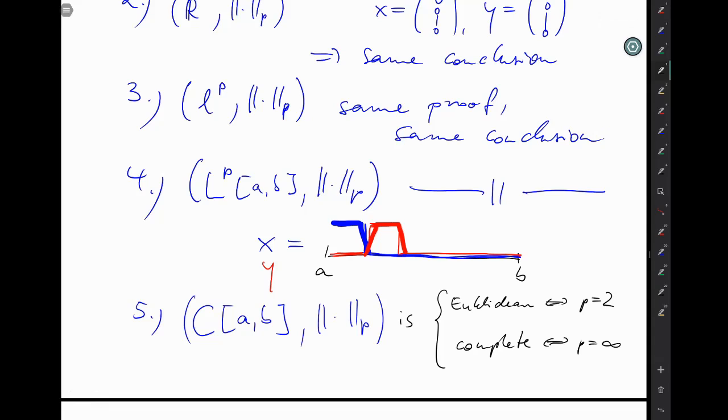Well, that's quite a twist. So we never get a Hilbert space, because if it's Euclidean, then it's not complete. If it's complete, then it's not Euclidean. For a Hilbert space, you would need both of them. So never a Hilbert space.